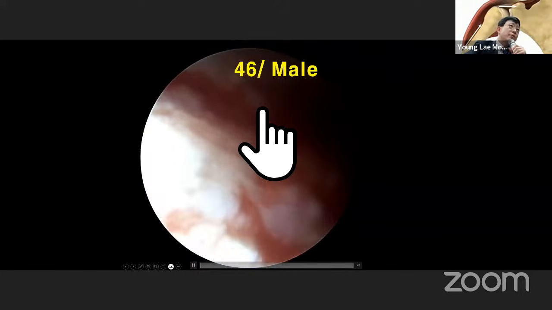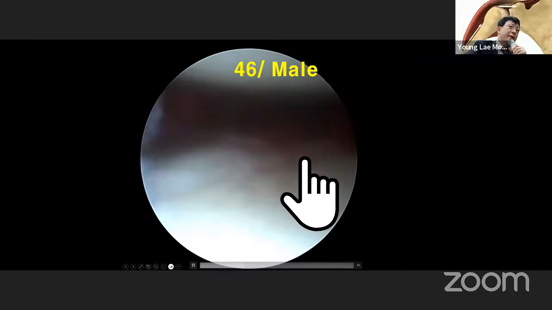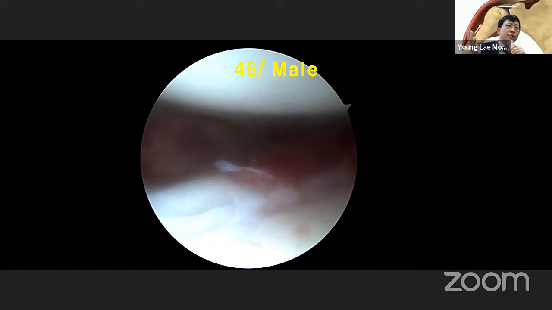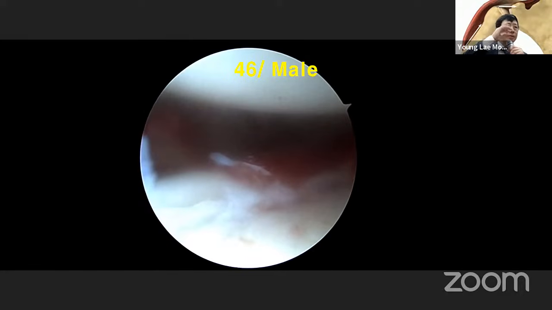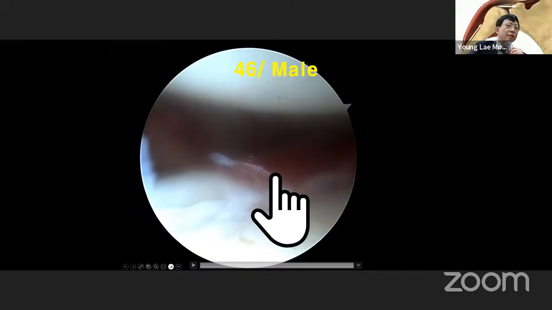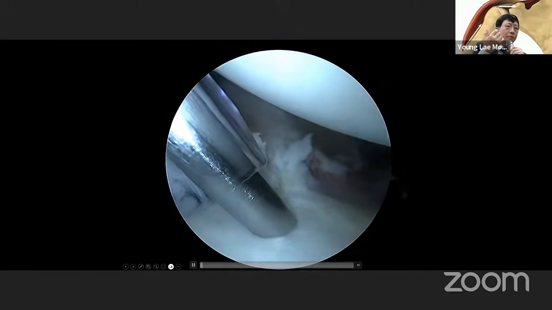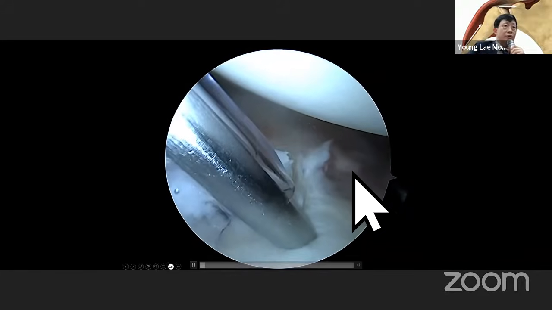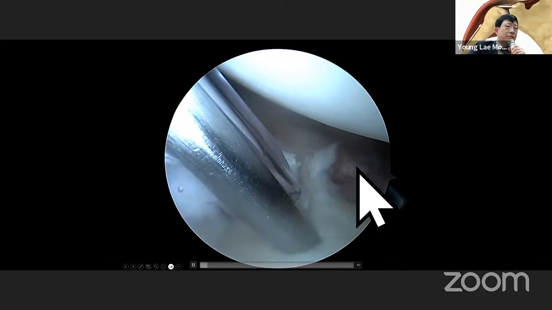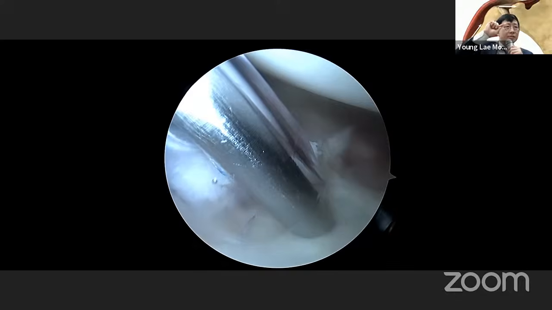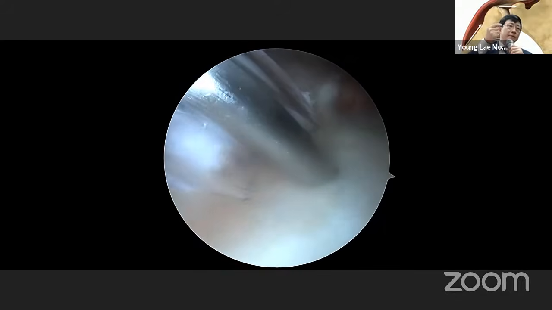This is a 46-year-old male. I'm not sure about other countries' conditions, but Korean middle-aged people like to drink alcohol, then they lose their control, and they have this kind of big bony Bankart. As you can see here, here's a defect. So for penetrating the bony defect and bony Bankart, I utilize a one-time use suture hook.